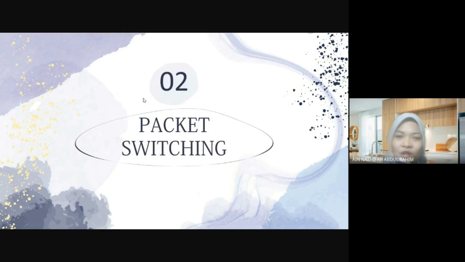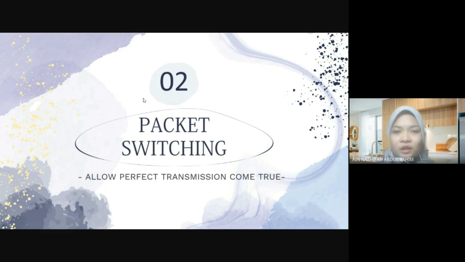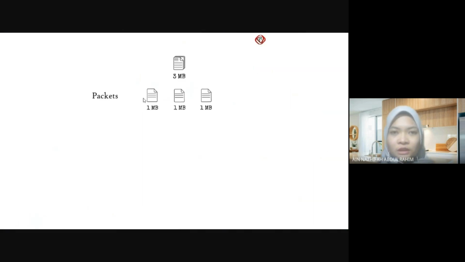Next, we have the other method, which is packet switching. Packet switching is a new method, or the solution, for us to transmit data between two computers, because in computers, of course, we will send a big amount of data. For example, this is your data, with the amount of 3 megabytes.